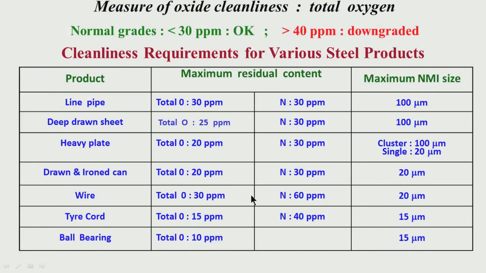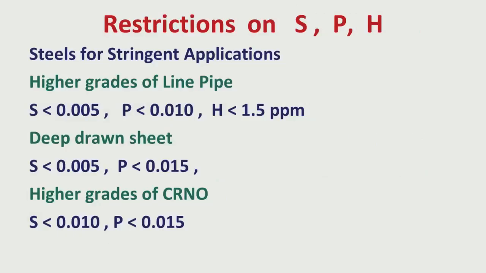Maybe we can process it for building materials, which are not of such stringent requirements. We can prepare it for other construction grades. So what I am again repeating is, depending on the requirements, we have to identify for which grade the steel can be processed.